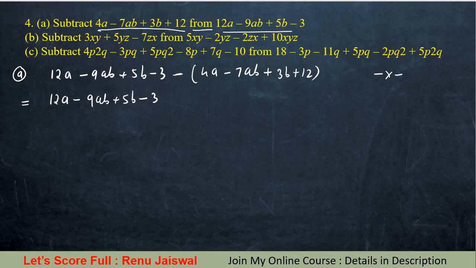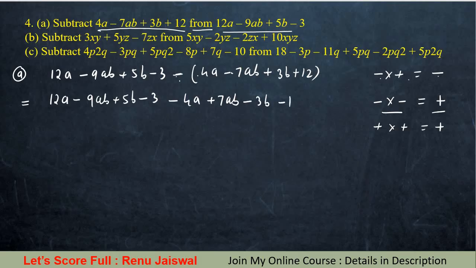Because minus into plus will give me minus, minus into minus will give me plus, and plus into plus will also give me plus. So see, nothing here in front of 4a means plus. So minus into plus will give me minus. Minus into minus for the second term will give me plus. Then minus into plus, minus, and then again minus.